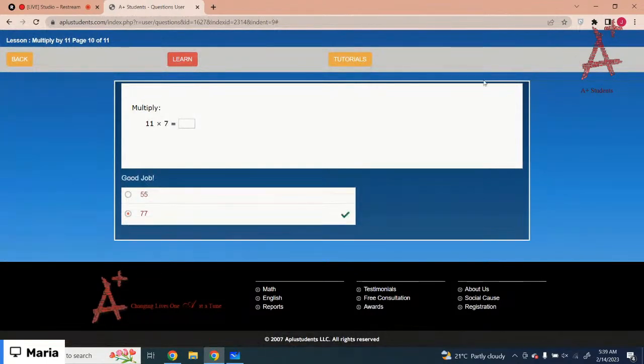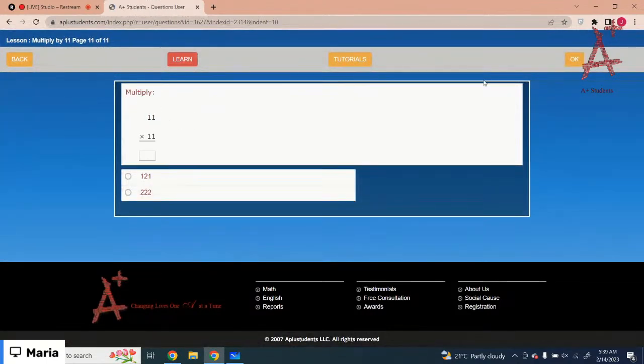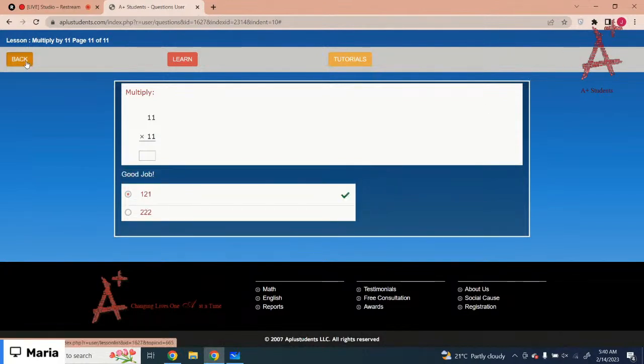Yes, it is 77. Got it? Okay, the last one is 11 times 11. So 11 times 11 is 121. Got it? So 11 times 11 is 121.